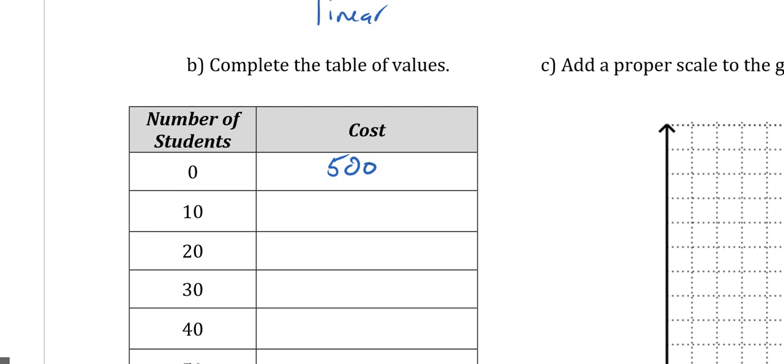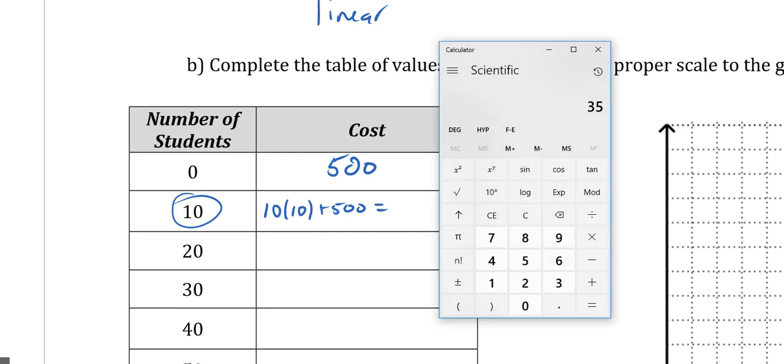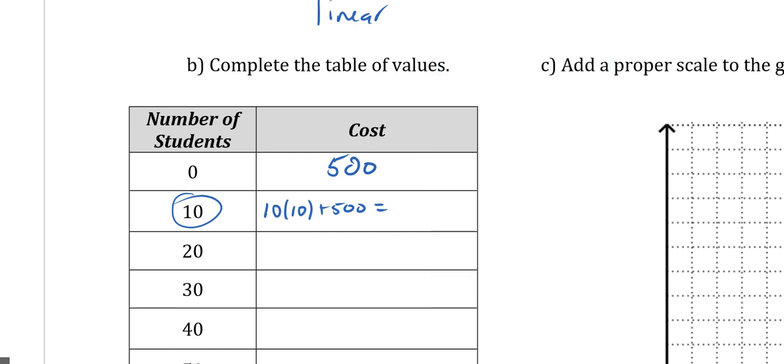It's $10 per person. So for 10 students, the cost will be $10 times 10 students plus the 500, right? We can use the equation to figure that out. So $10 per person plus the initial cost. So it's going to work out to 600.